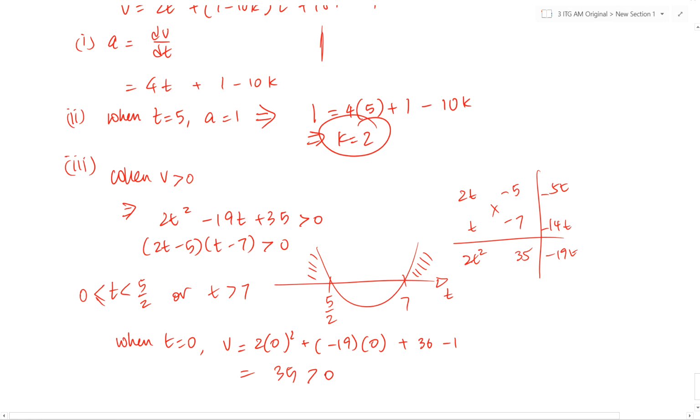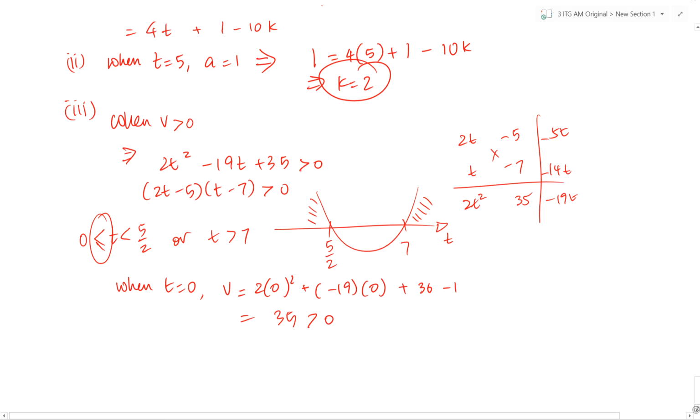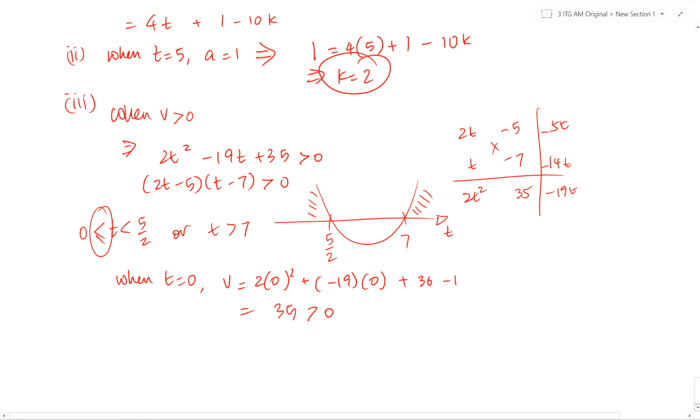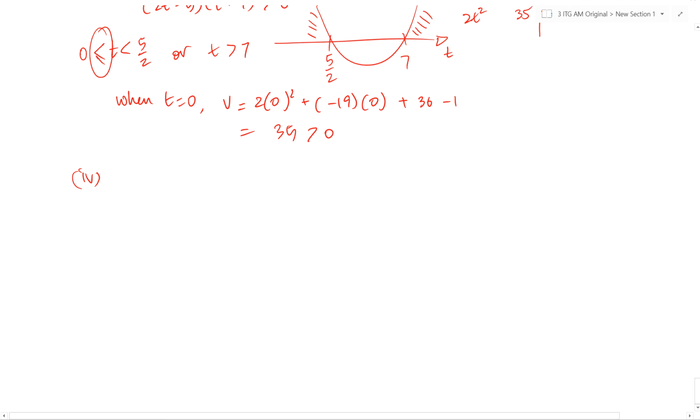So when time equals 0, it is still moving in a positive direction. So I need to include this equal over here. Because when time equals 0, I substituted in, I found that the initial velocity is 35. Our velocity now has to be equal to 0. When v equals to 0, our time equals to 5 over 2 or 7. We found that earlier on already.